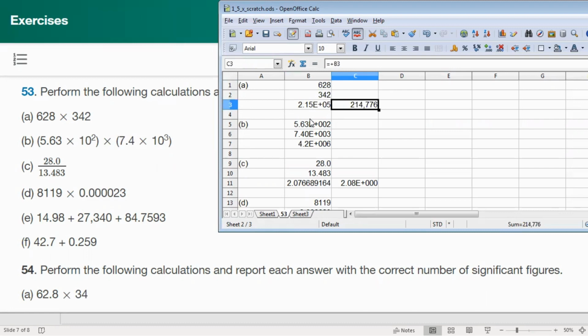So if we have only 3 significant figures, the proper answer then, if we use the original convention, would be 21500. 2, 1, 2, 3, 4, 5. Yeah, 215000.